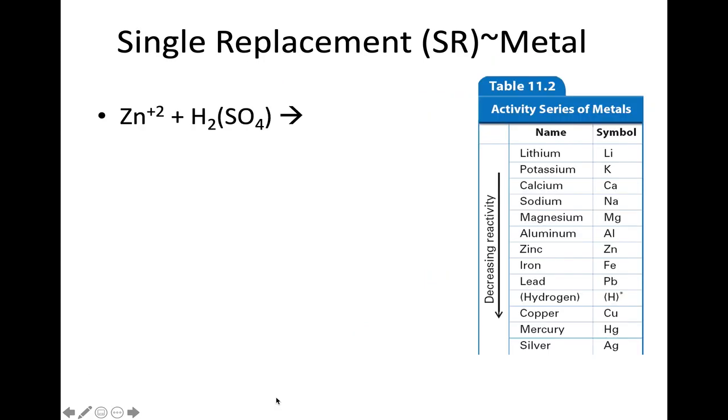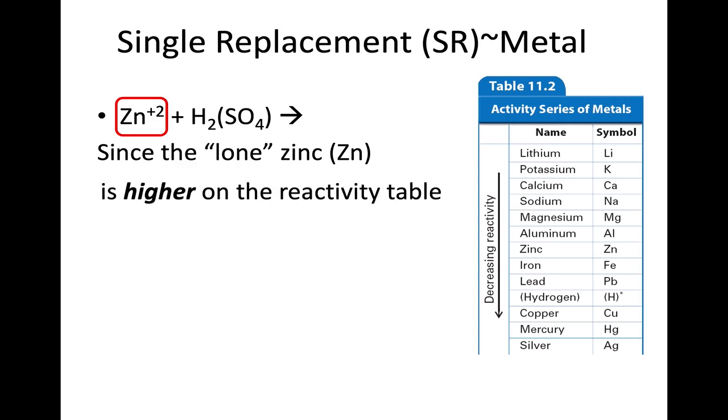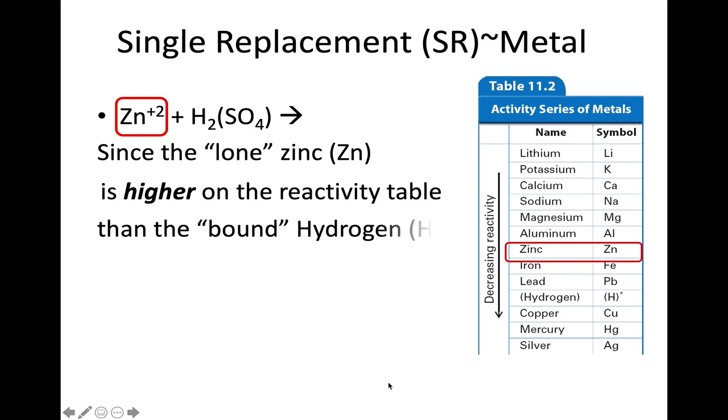Another example of a single replacement with a metal. The lone zinc is higher on the activity table. It's a metal, so I look for zinc. There it is. It's higher than the bound hydrogen. In this case, even though hydrogen is a nonmetal, remember it's on the metal side, so it acts as if it were a metal in this case.